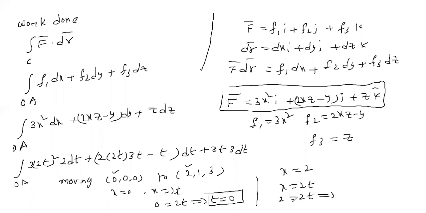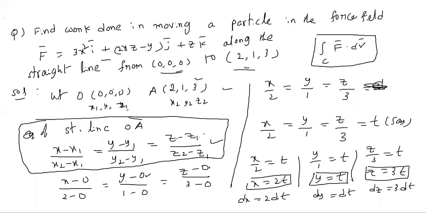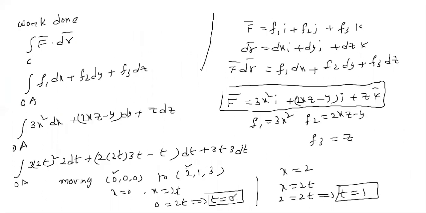The 2 cancels, t equal to 1. So what you got? X equal to 0 gives t equal to 0, and x equal to 2 gives t equal to 1. So this is the limit. I got x equal to 2t by the equation of the straight line. If you want to take y equal to t also, it doesn't matter. So now the t limits are 0 to 1.